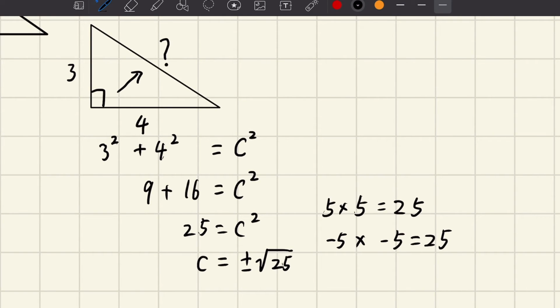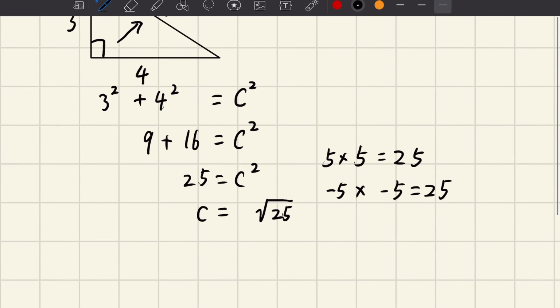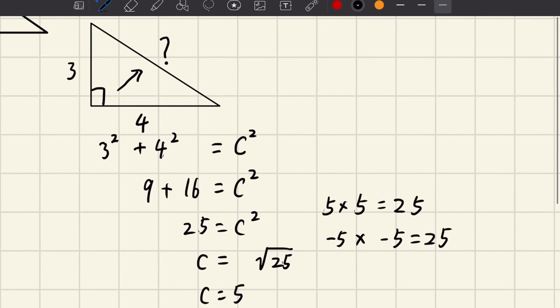So we're only going to take the positive root since distance can't be negative. So in this case, the answer will just be the positive square root of 25, which is 5. So we can say that the missing side is 5, or we can also say that the hypotenuse is 5.